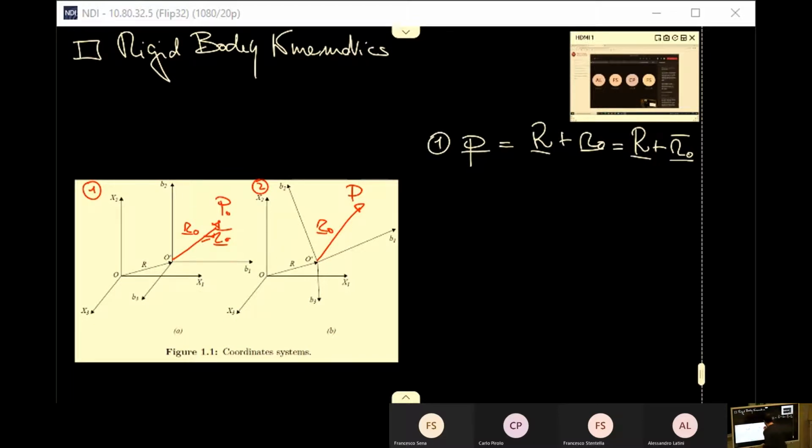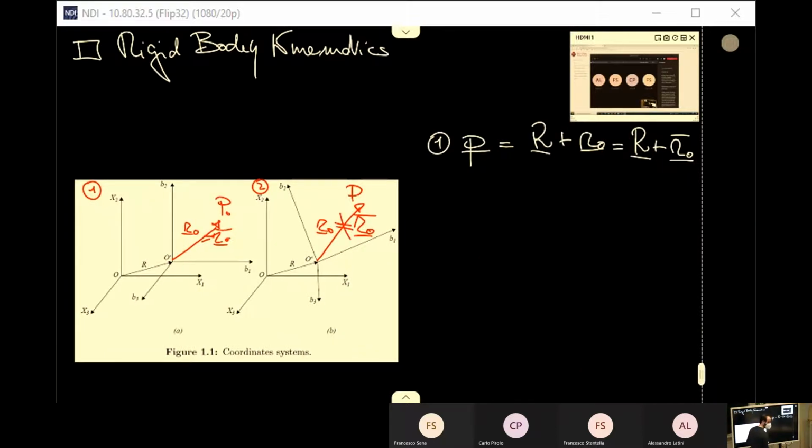Now, if we refer to R0 overbar, can we say that the two are the same? No. Why? Because if we take into account this vector, O prime P, and we project it over x1, x2, and x3, we have the components of the vector R0 without an overbar. But if we project it over B1, B2, and B3, the components will be different. And so that's why we can't say anymore that R0 and R0 overbar are the same.